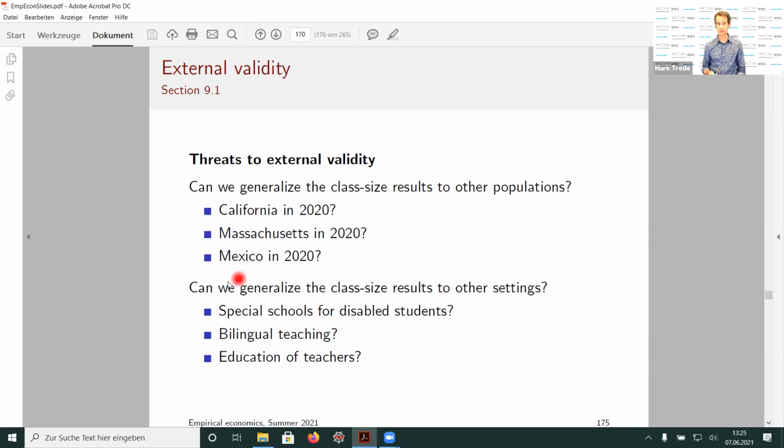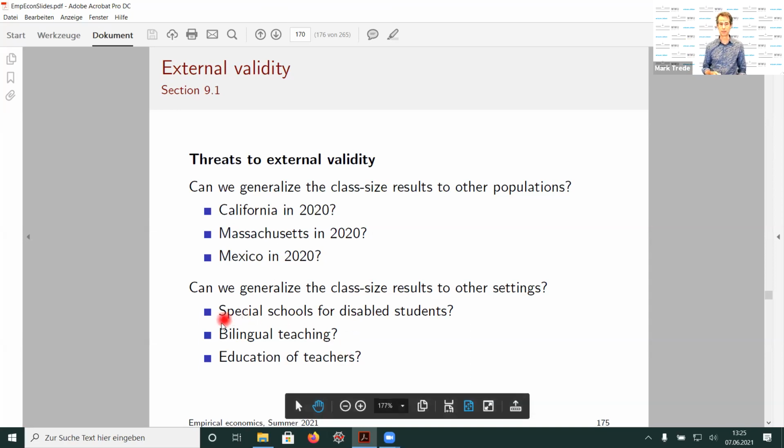All right, and the same is true, of course, if you want to generalize what you found out to other institutional settings, say you want to know something about special schools for disabled students, Förderschulen in Germany. Maybe the effect of smaller classes is much different in such schools from say, normal schools in California in 1999.